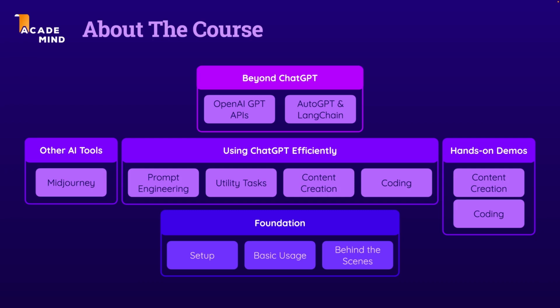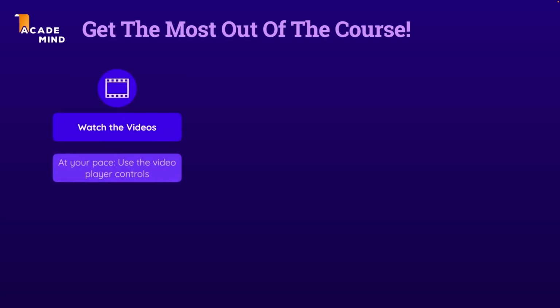Now, of course, since this course has so much content and so many concepts you will learn about, it's also super important to us to make sure that you truly get the most out of this course. And since this is a video course, that of course starts with watching the videos, but please watch them at your pace. Use those video player controls to speed us up if we're going too slow, or slow us down if we're going too fast.